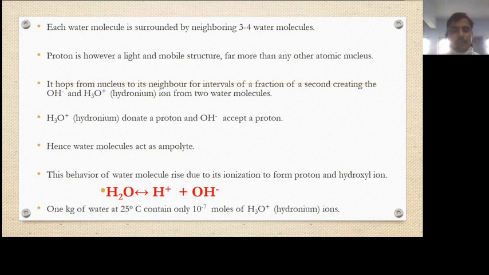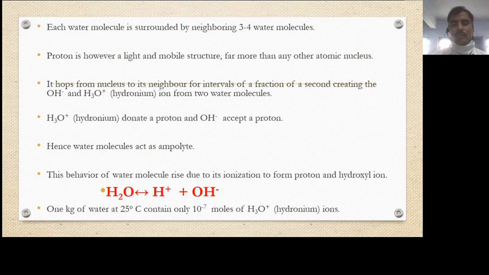Say in the given diagram or reaction, there is a breakdown of the water molecule. The water molecule is broken down into H plus and OH minus ions. When two water molecules interact with each other, one water molecule undergoes hydrolysis to form H plus and OH minus ions, and this H plus ion is accepted by the remaining water molecule, which results in the formation of H3O plus, that is hydronium ion.